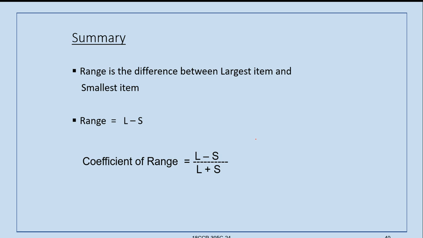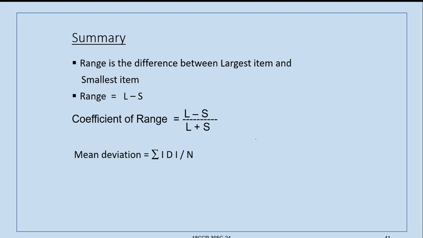Range is equal to L minus S, where coefficient of range is L minus S by L plus S. We will learn by heart the formula sigma modulus d by n for calculating mean deviation for individual observations.